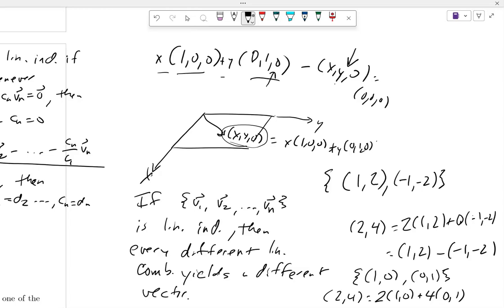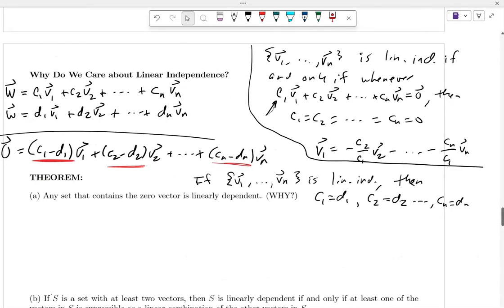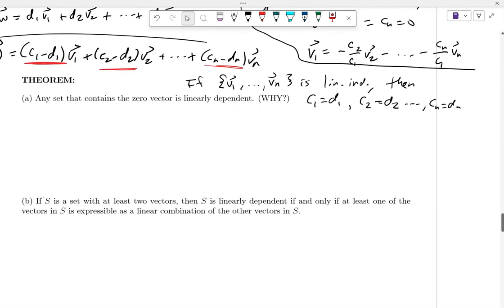All right. Before we get there, let's see if we can do a few theorems. The first theorem says that any set that contains the 0 vector has to be linearly dependent. Okay. Why is that true?